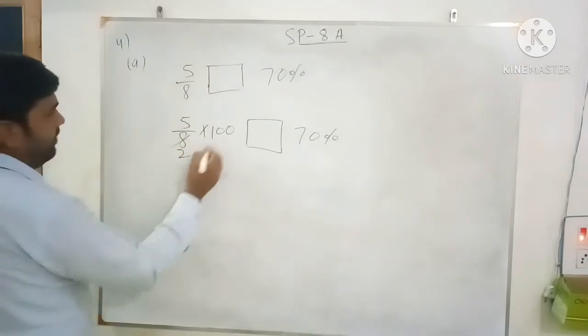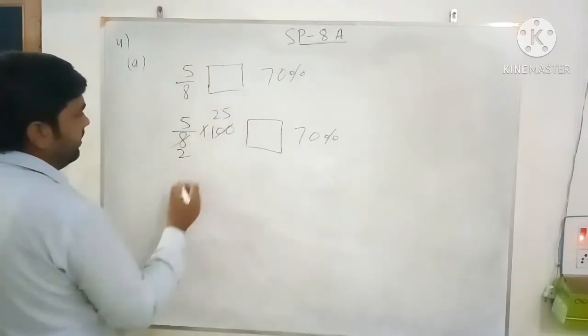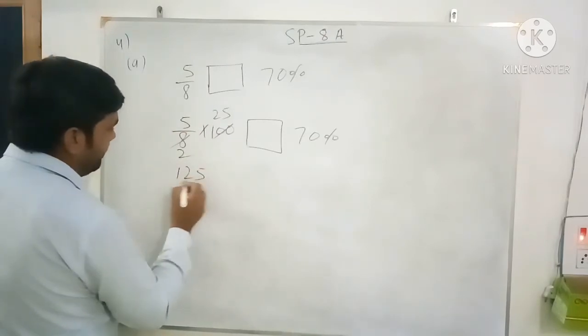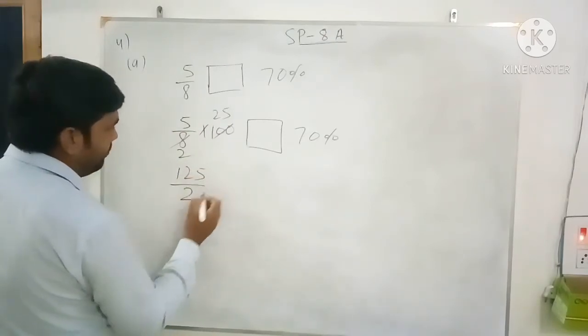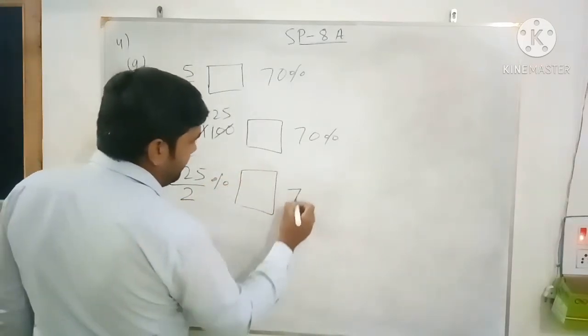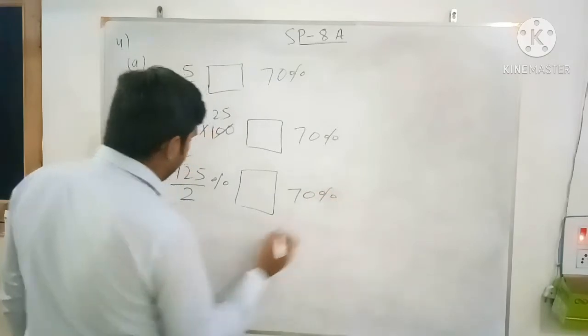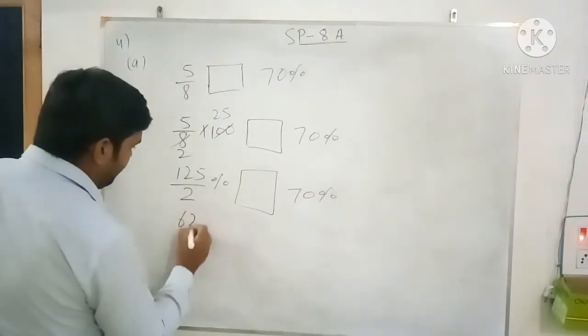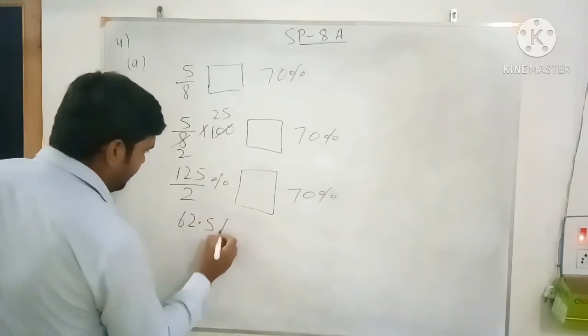So 4 2s are 8, 4 25s are 100. So what value did you get? 25 5s are 125 by 2%. Here, 70%. So 125 by 2 means what? 2 6s are 12, 2 2s are 4, 62.5%.